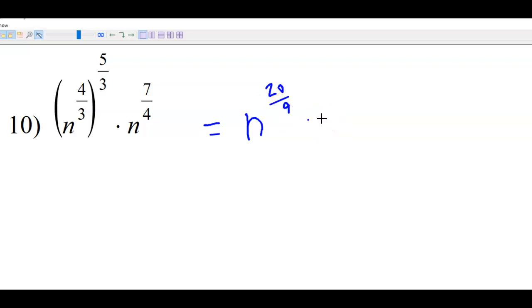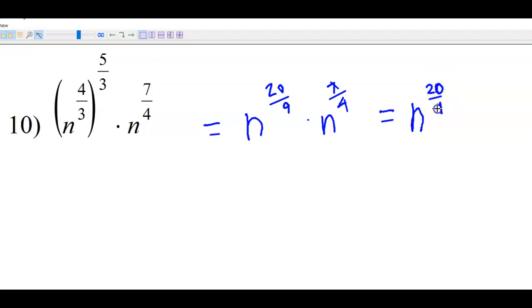And then I'm going to multiply that by n to the 7/4. So now I'm going to add the exponents together here. So 20/9 plus 7/4. In order to add those, I'm going to need a common denominator.